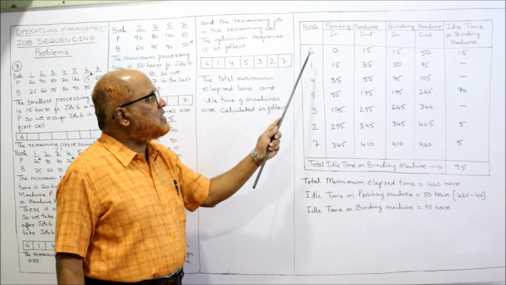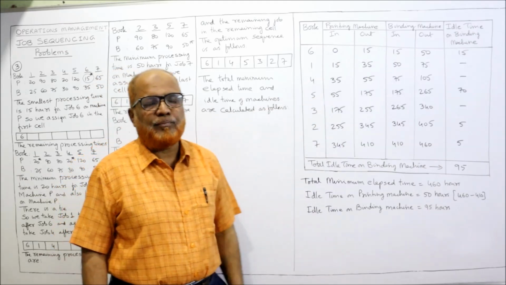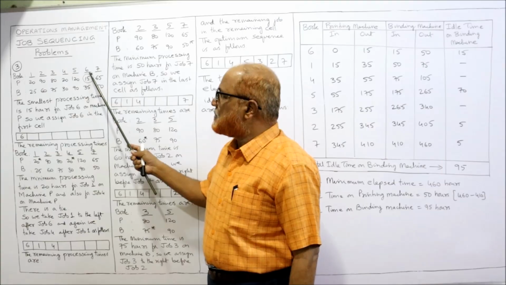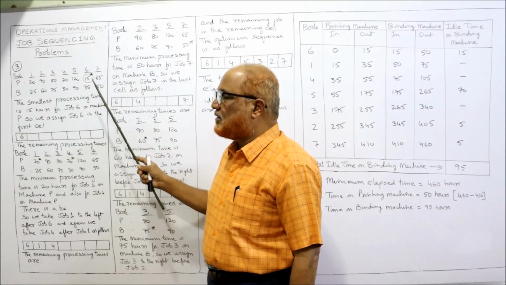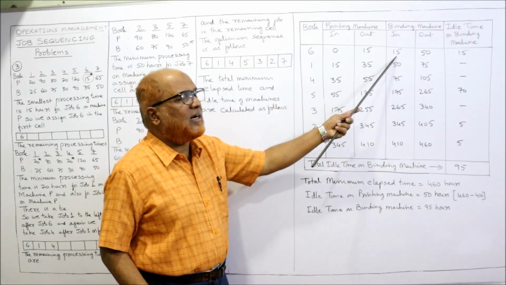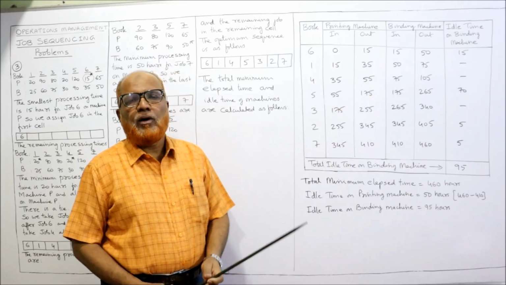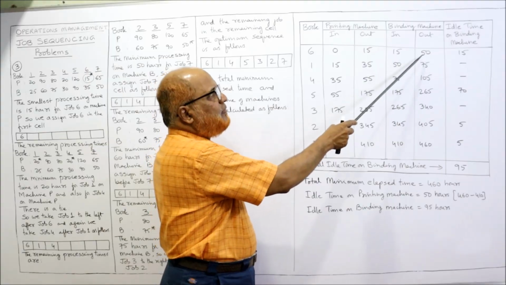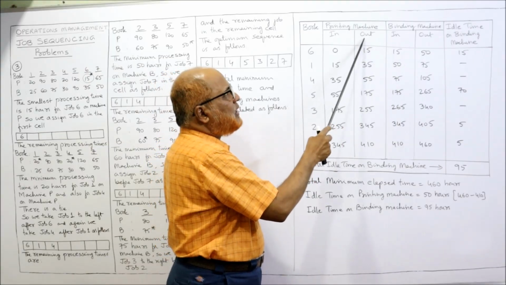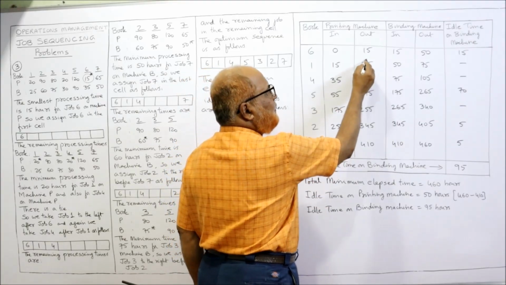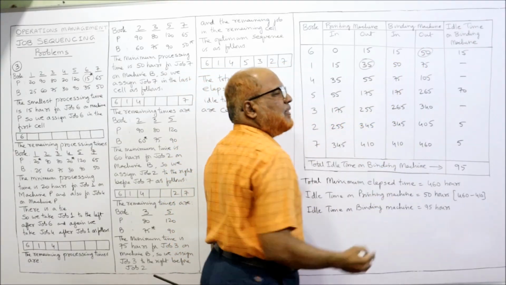So what is the sixth book time for binding? Sixth book binding, it is 35. Book number 6, binding 35. So 15 plus 35, you will get 50. Now you have to compare what is the out time 50 and what is the out time for the next book on printing, 35. 35 or 50, whichever is higher, that you have to select.